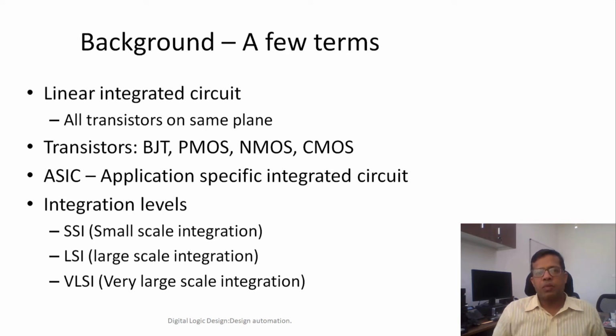One important term is the linear integrated circuit, or IC, integrated circuit and linear integrated circuit. Basically, an integrated circuit is when a number of transistors, or your whole circuit, is integrated onto one chip, and this is specifically called linear integrated circuit because all the transistors, all the basic components of our circuit, are laid out onto the same plane.